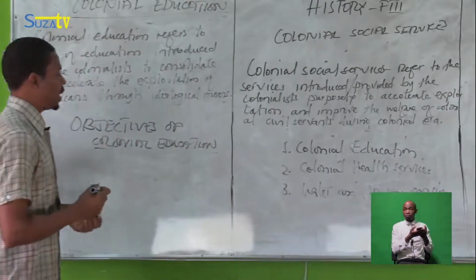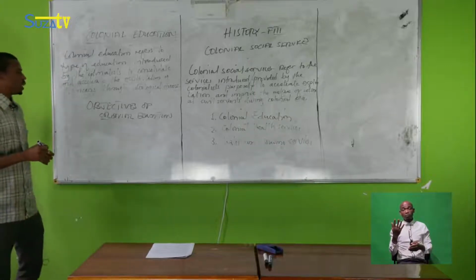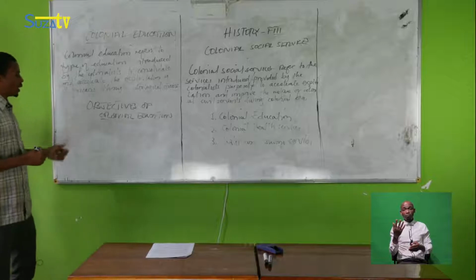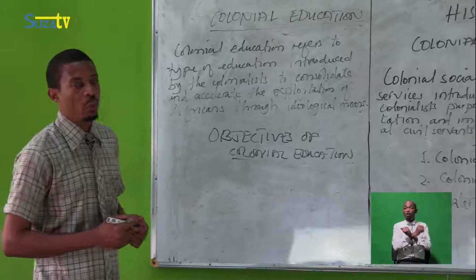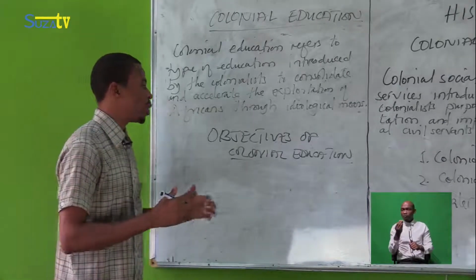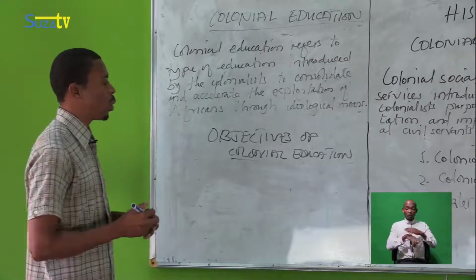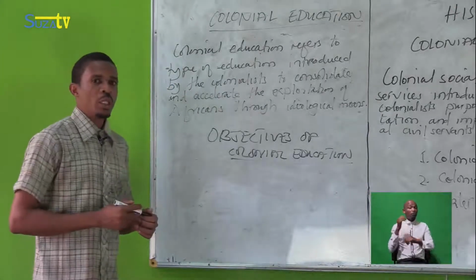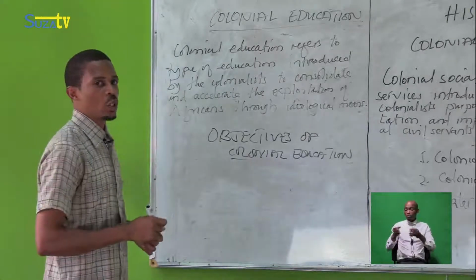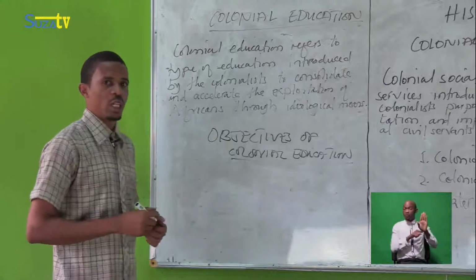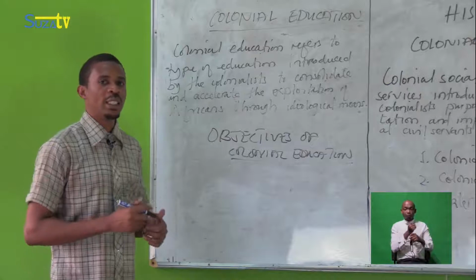As we know, the number of whites who came to Africa during the colonial era was very few compared to the size of the colonies. So the whites decided to impart knowledge to very few Africans in order to get subordinates or assistants.